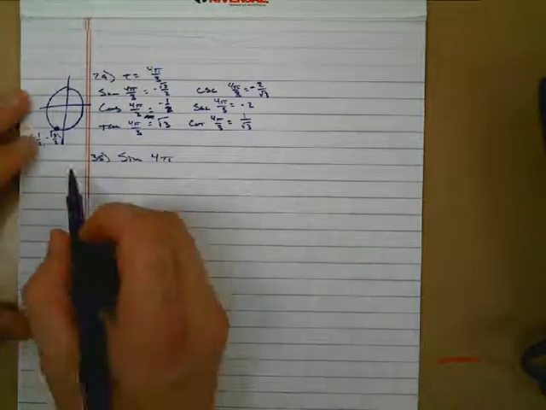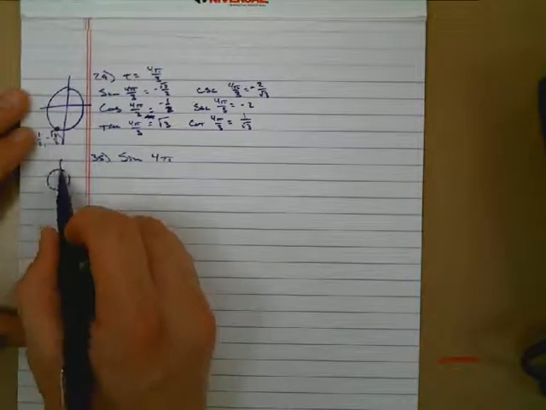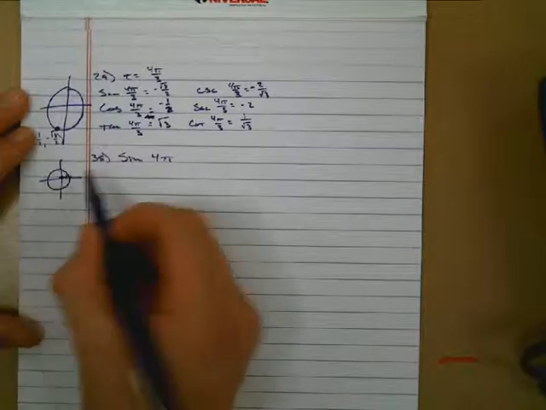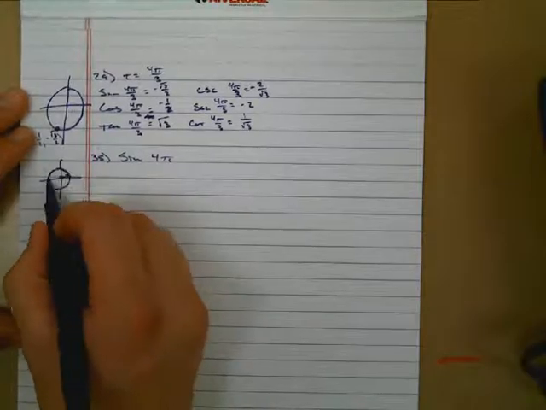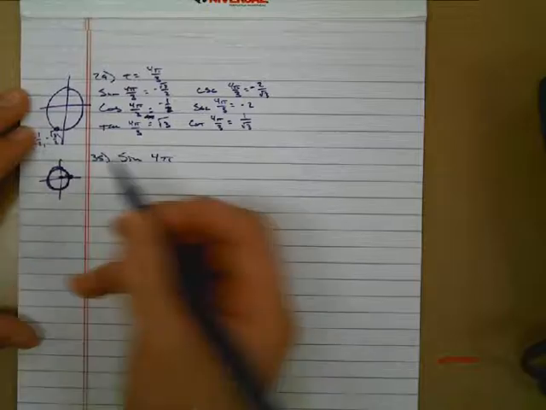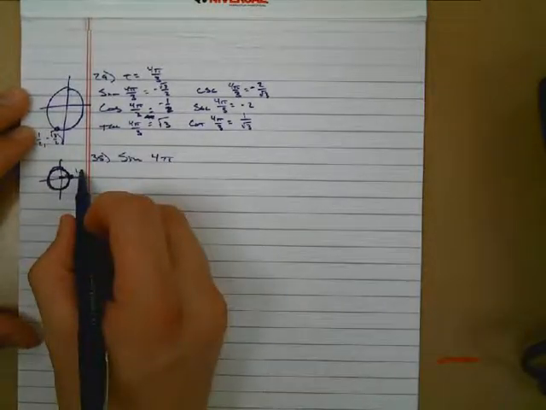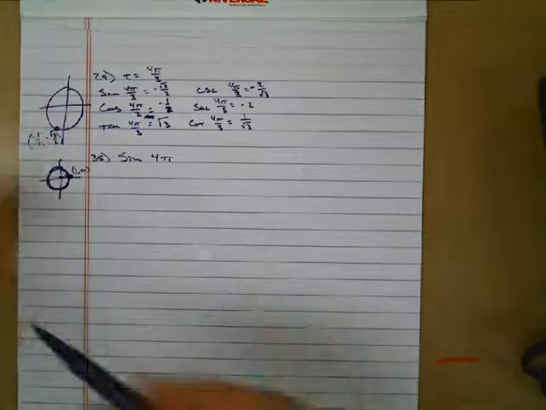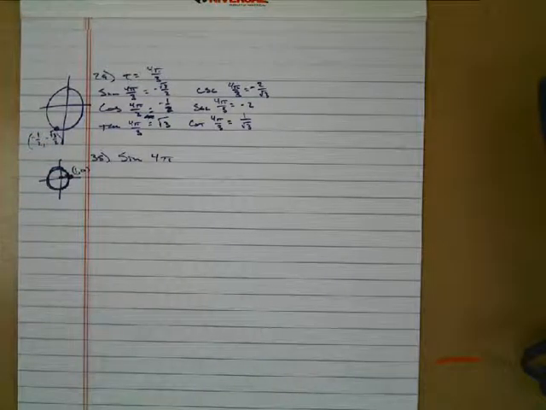Well, an angle of 4 pi in standard position is one full rotation followed by a second full rotation, ending at the point 1, 0. So for rotations beyond 360 degrees, or in this case beyond 2 pi, either way we look at a full rotation, we just think about where this terminates and use its reference angle or its corresponding angle from that point.